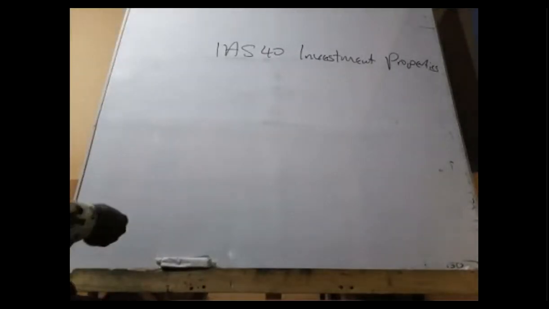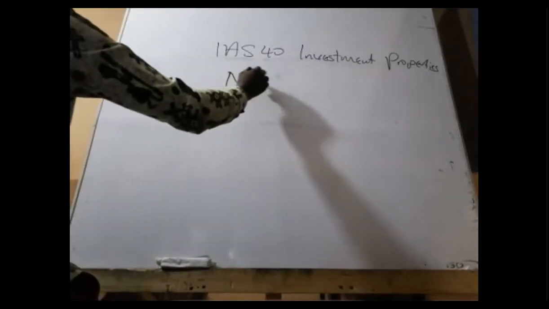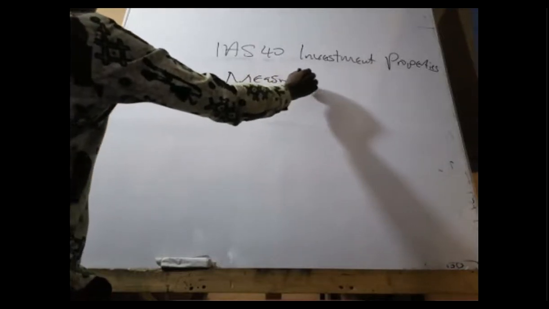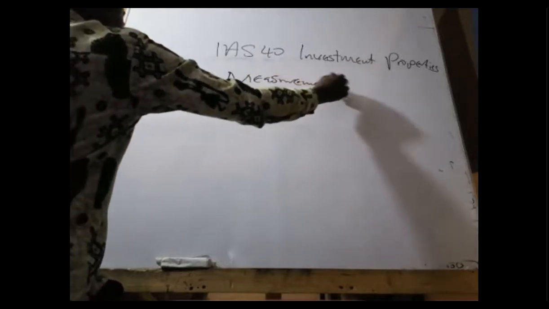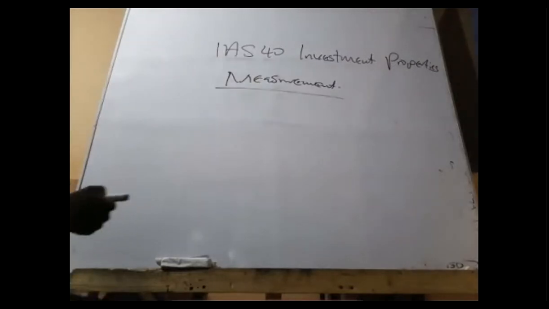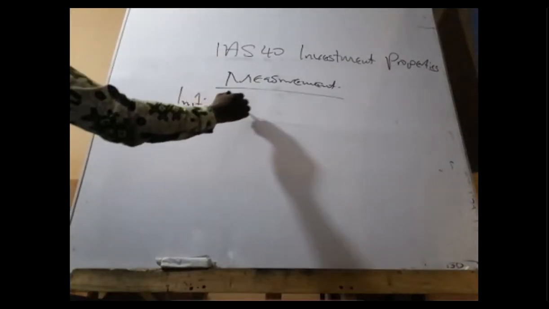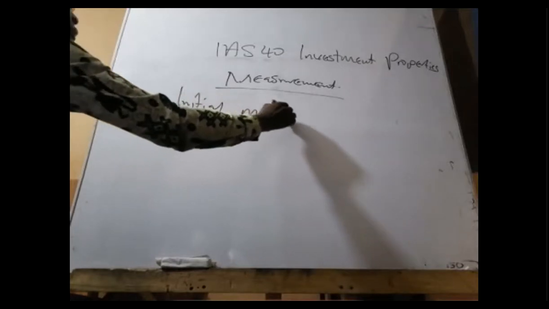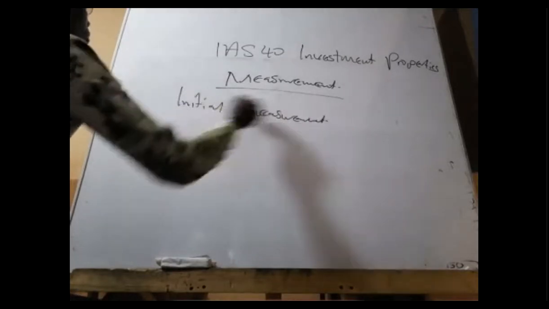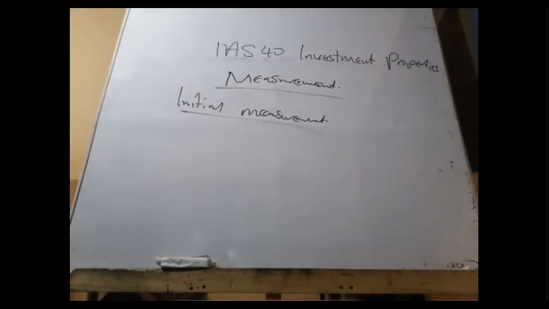What good news. So measurement, summary. There are 2 types of measurements. We have the initial measurement. Now, most of the initial measurements are at cost.